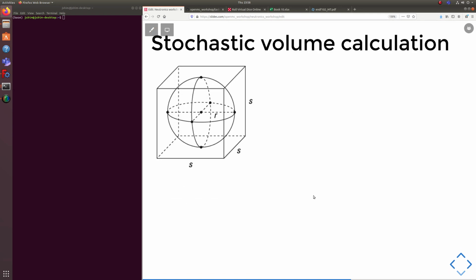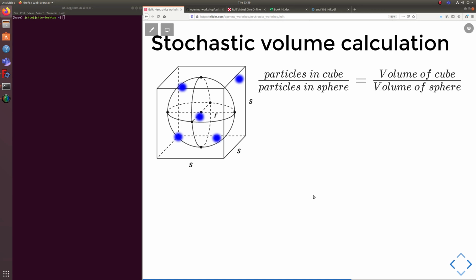This task goes on to do stochastic volume calculations, because although the neutronic simulation is able to tell you the total number of displacements in a volume, it needs a little bit of help calculating the volume. So the method it uses is to randomly generate particles within a known size cube of length s.